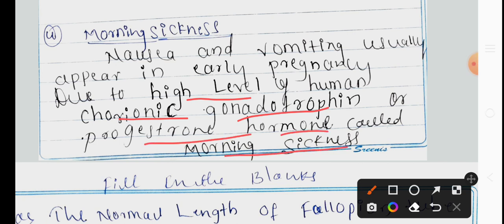So during pregnancy the mother will feel nausea and vomiting due to HCG. HCG means human chorionic gonadotropin hormone will be increased, or maybe the progesterone hormone will be increased, then the morning sickness will occur. This is the meaning.